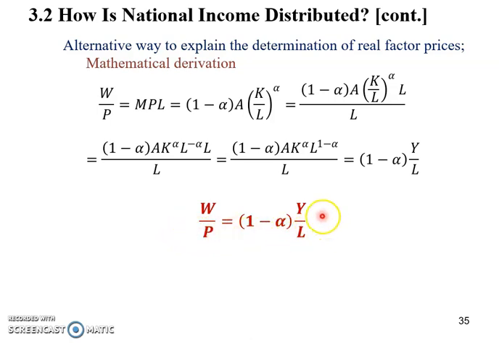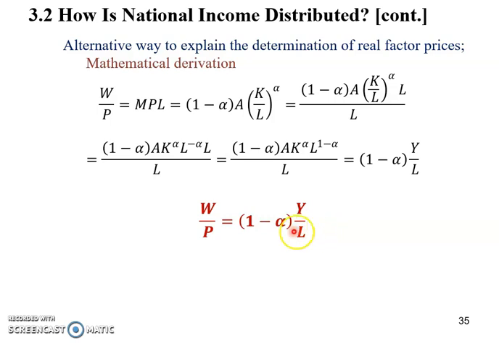Another way to interpret Y over L is labor productivity. Y is the output, L is the units of labor, so this ratio represents the units of output each worker, or each unit of labor, can produce.